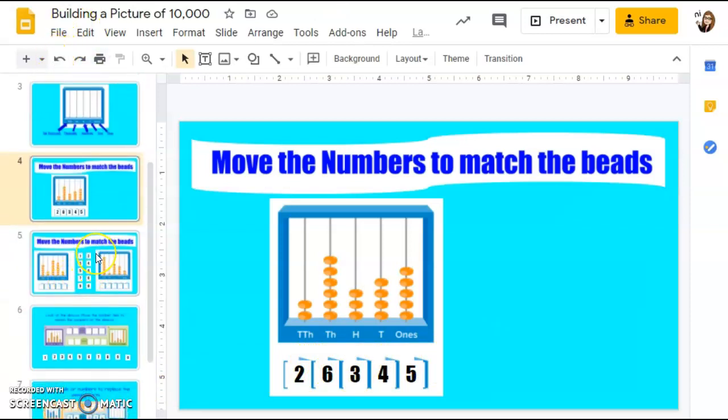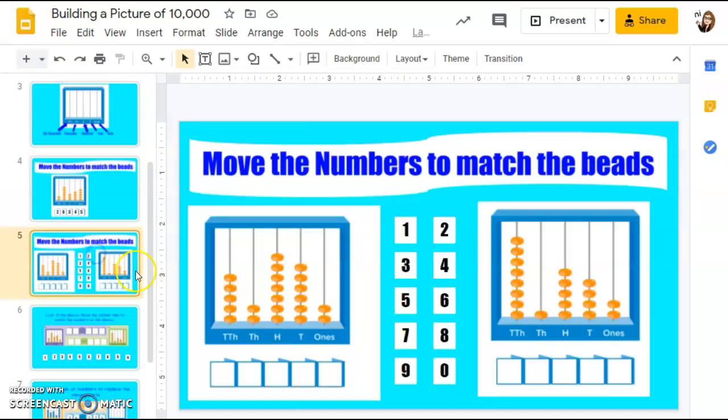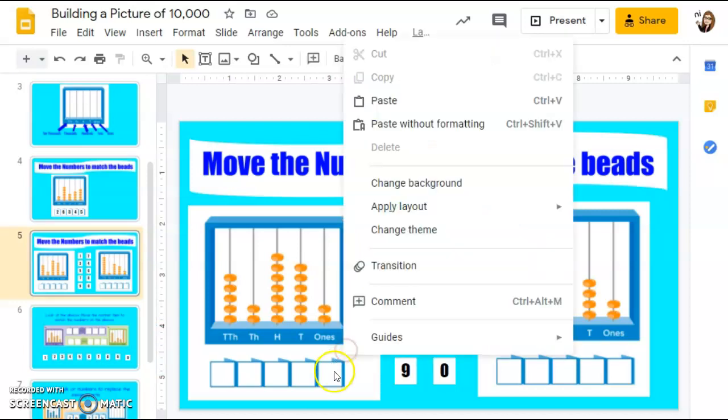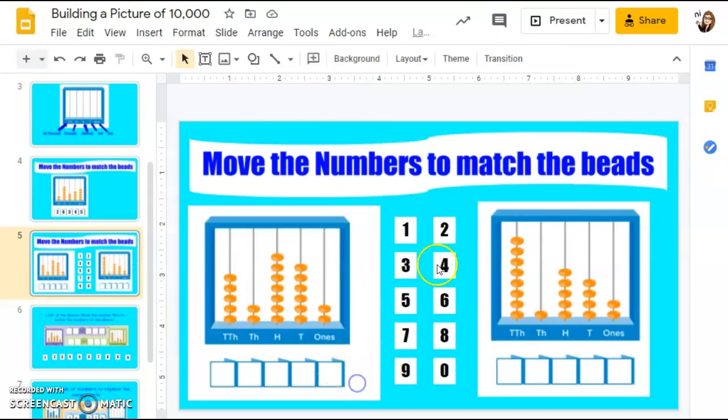Now, as we keep going, you'll be expected to match each digit with the beads represented in that place value. So just as you saw in my first place value here, I have 2 beads in my ones place. So you're expected to move your 2 digit to your ones place to match the picture shown above.